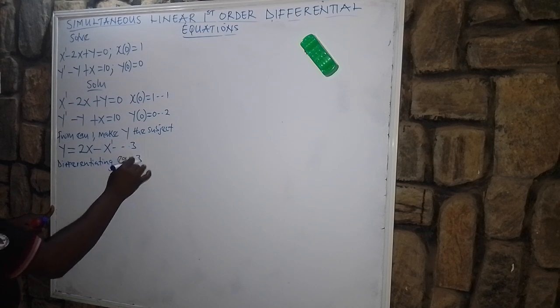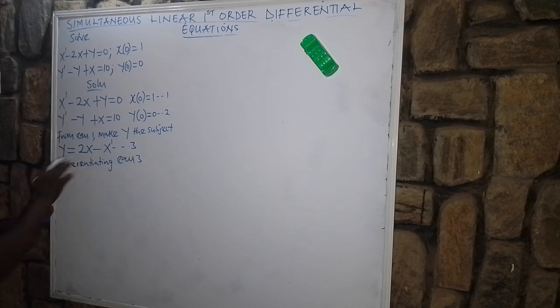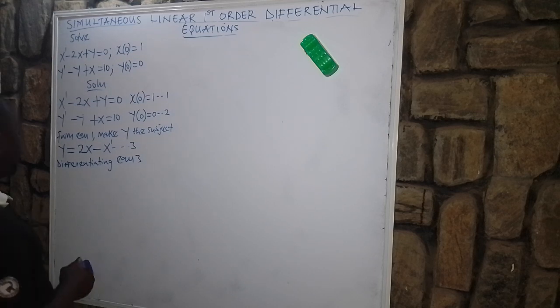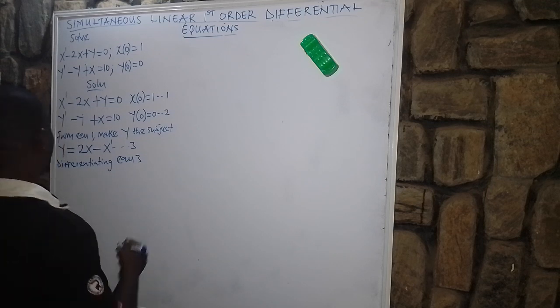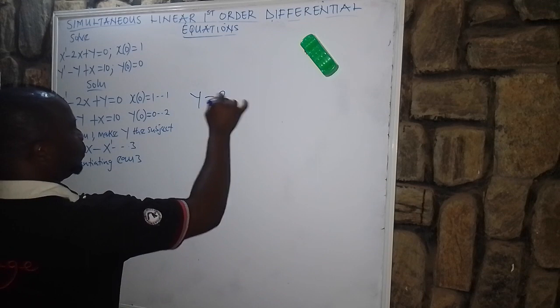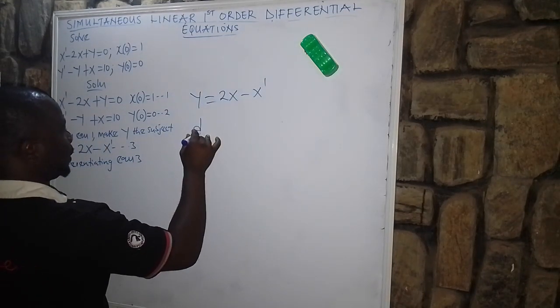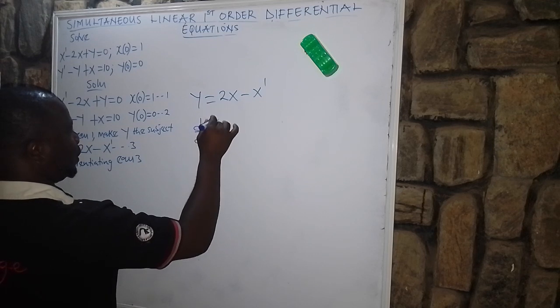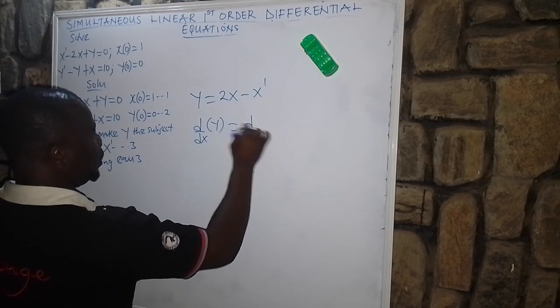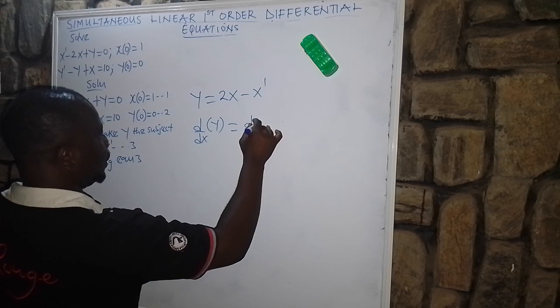I hope you are following. You know how to differentiate this implicit function, true or false? Let me just show you. I know some of you might have forgotten your elementary calculus. If you have something of this form, 2x minus x prime, apply d over dx.